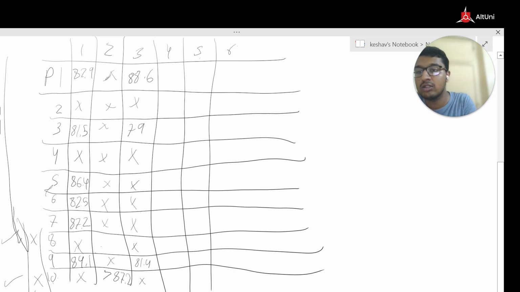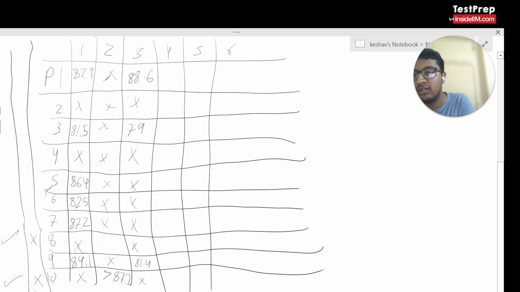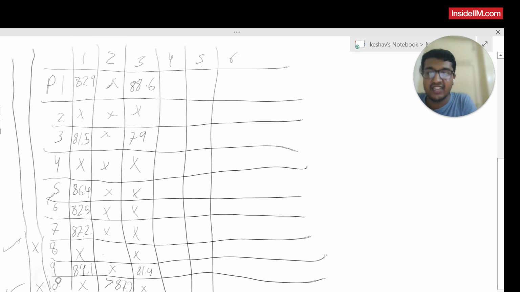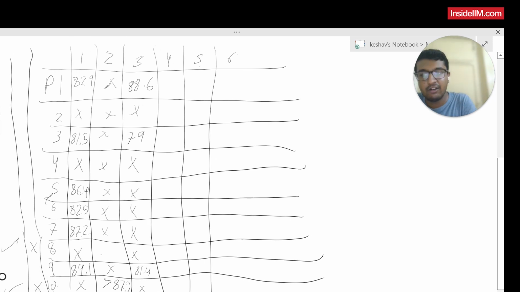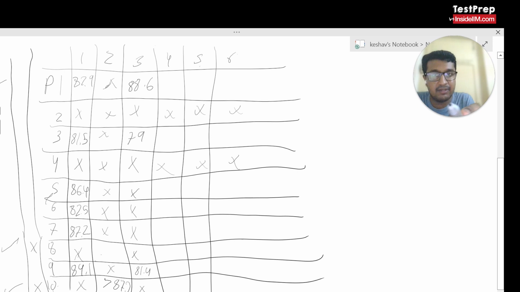I'm just gonna increase these lines. See, P1 has the highest score in this whole data. Yes, 10 might have scored higher than him, but for right now, with the information I have, P1 must have scored the highest or the second highest. He must have been there. Player 2 didn't qualify, so I will just mark a cross again. And yes, 8 qualified, 10 qualified.